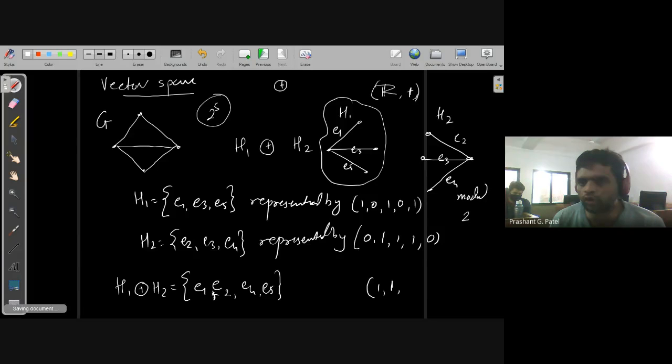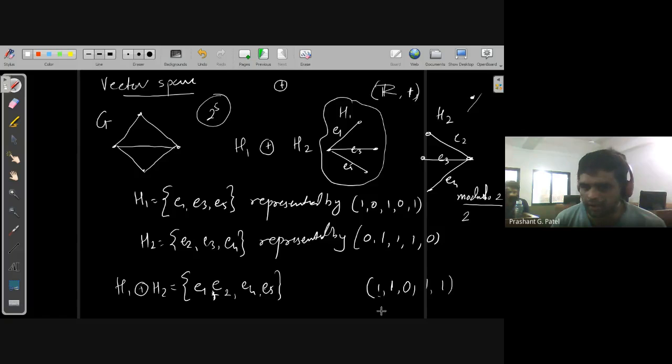We already talked about what modulo 2 function means. Whenever you have a number, you divide that number by 2, and whatever the remainder is, that is your modulo. So here 1 plus 1 is 2, and when you divide 2 by 2, the remainder is 0. 0 plus 1 is 1 and 1 plus 0 is 1.